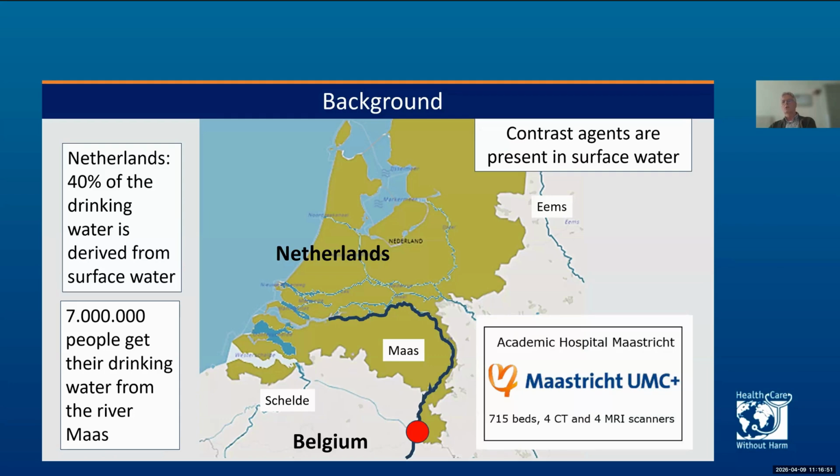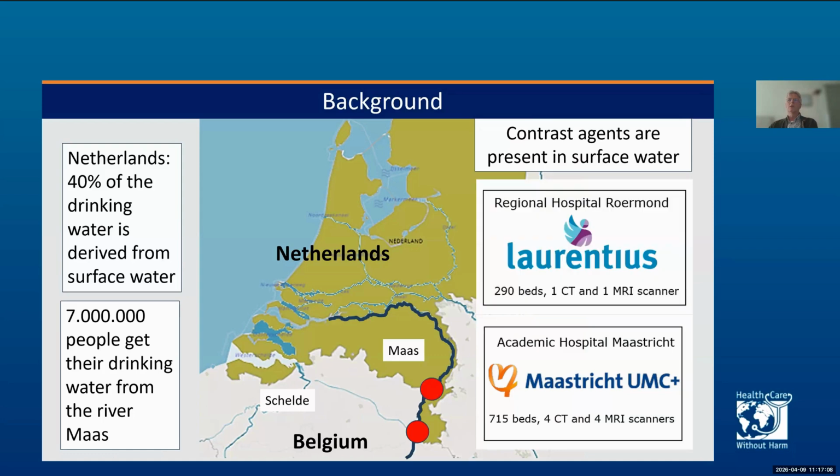Here we have our hospital, which is an academic hospital, a large hospital. We have these contrast agents getting into the water because we make a lot of CT scans and MRI scans, and we use contrast agents for that. The Maastricht Hospital has 4 CT scanners and 4 MRI scanners, and we have a more regional hospital in Weeswurland, a little bit further upstream, and we only have 1 CT scanner and 1 MRI scanner, so it's a smaller hospital.